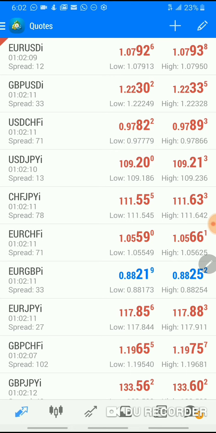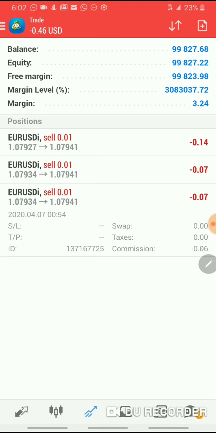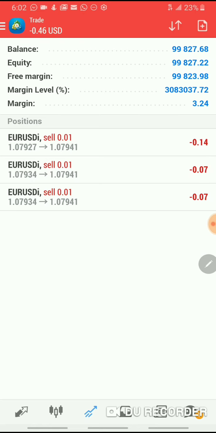All right, 12. I believe I took it at 10. So this will be 1.2 pips. So you would see here that it is practically the commission because I entered perfectly.